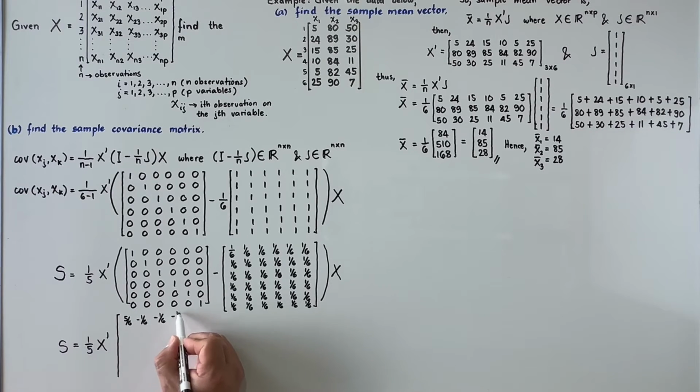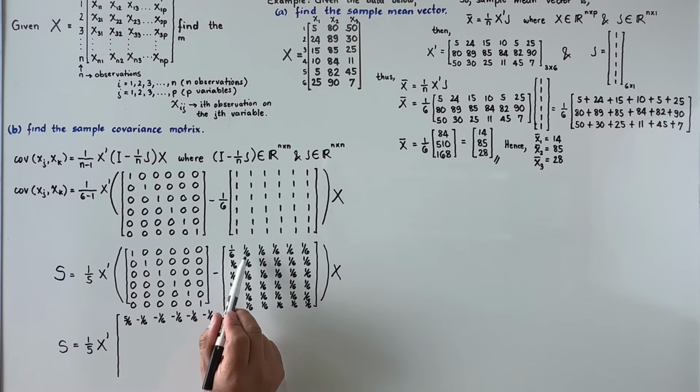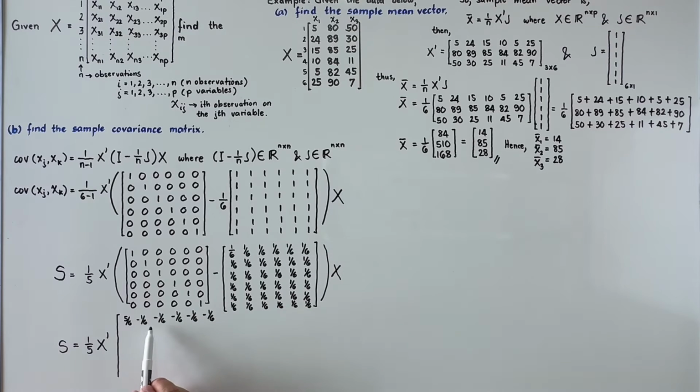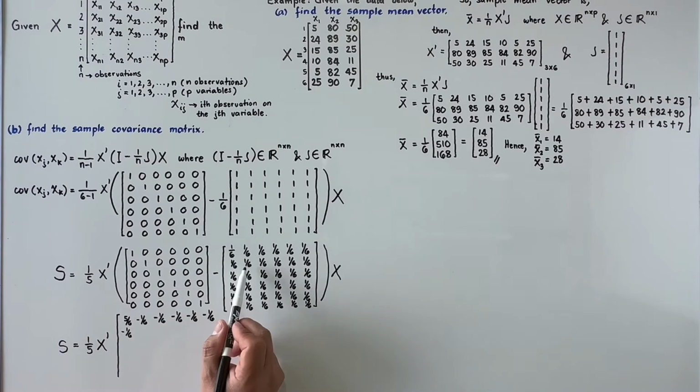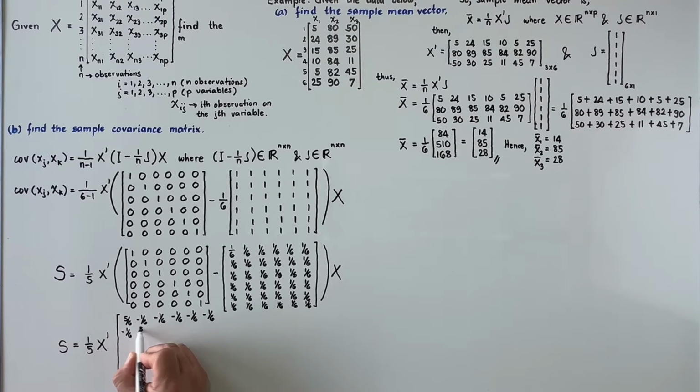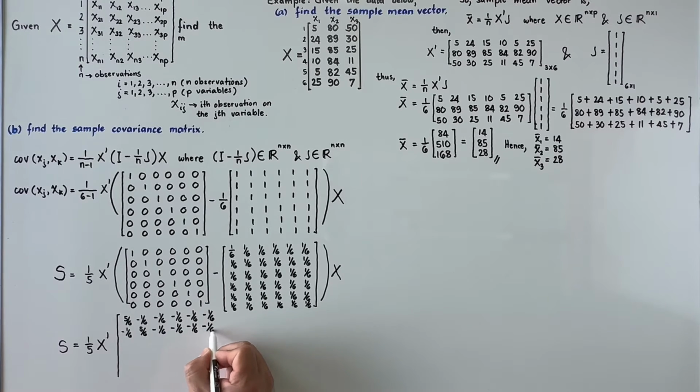So all of these are negative 1/6 here, because zeros, when subtracted by 1/6, the difference is negative 1/6. So we have here also negative 1/6, because that's 0 minus 1/6, but 1 minus 1/6 is 5/6. So this is also negative 1/6, all of them in this row.